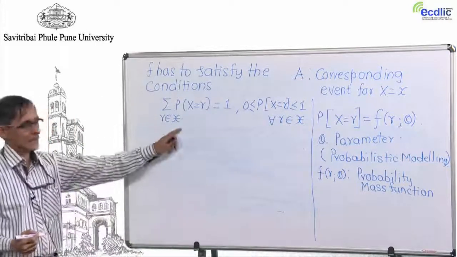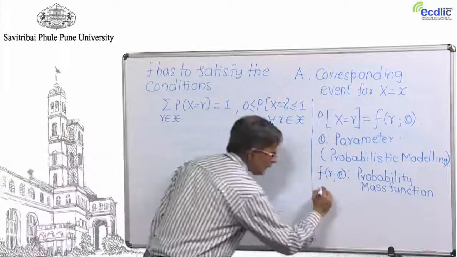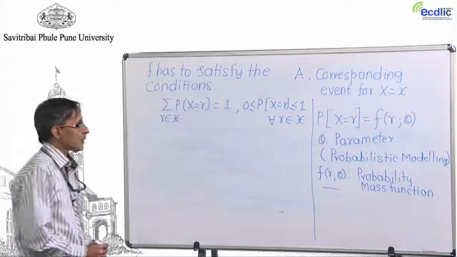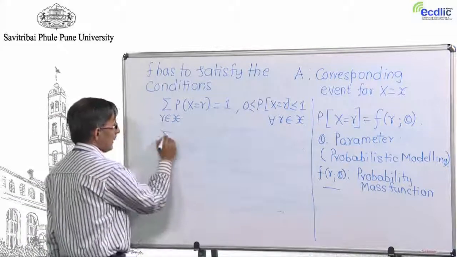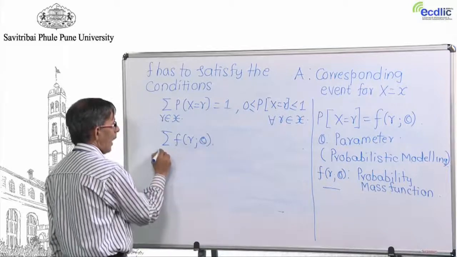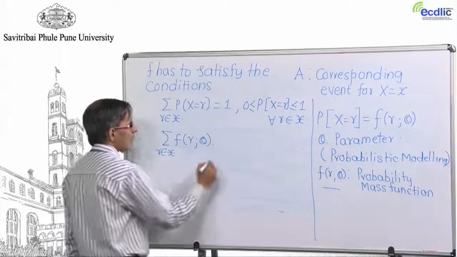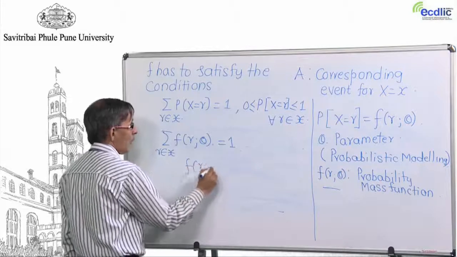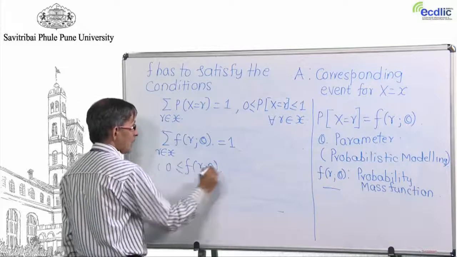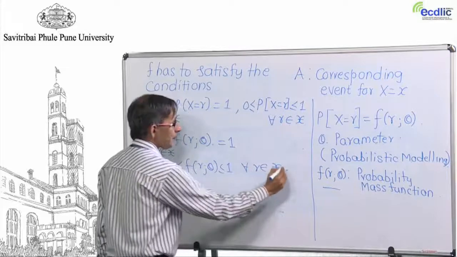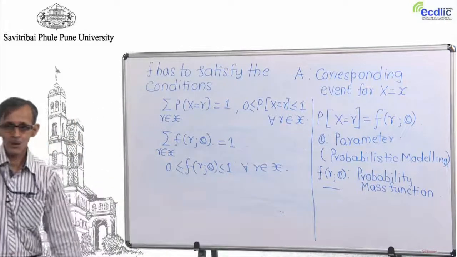If this function satisfies these two conditions, it will be called a probability mass function. So, in other words, what I need is the sum of f(r, theta) over r in X has to be 1, and f(r, theta) lies between 0 and 1 for every r in X. This is called a law.